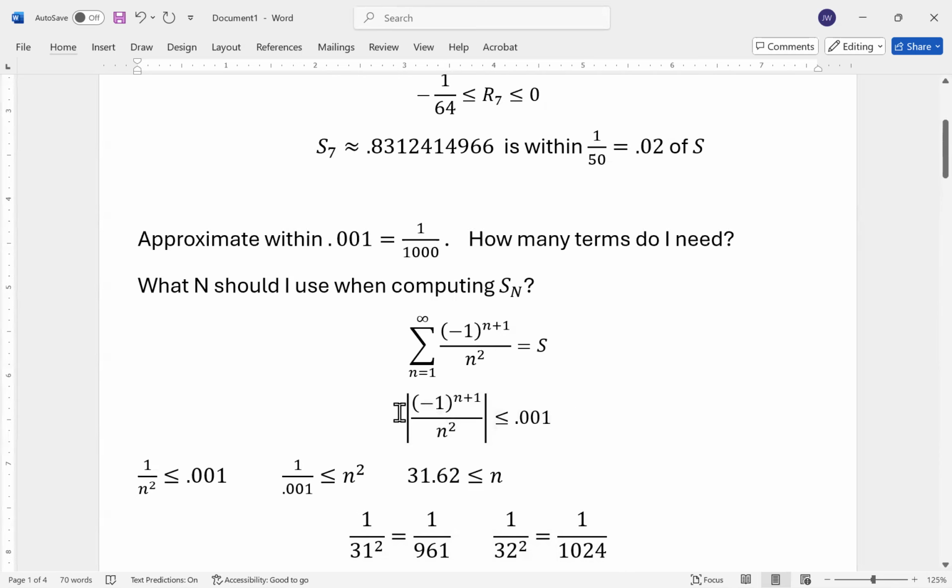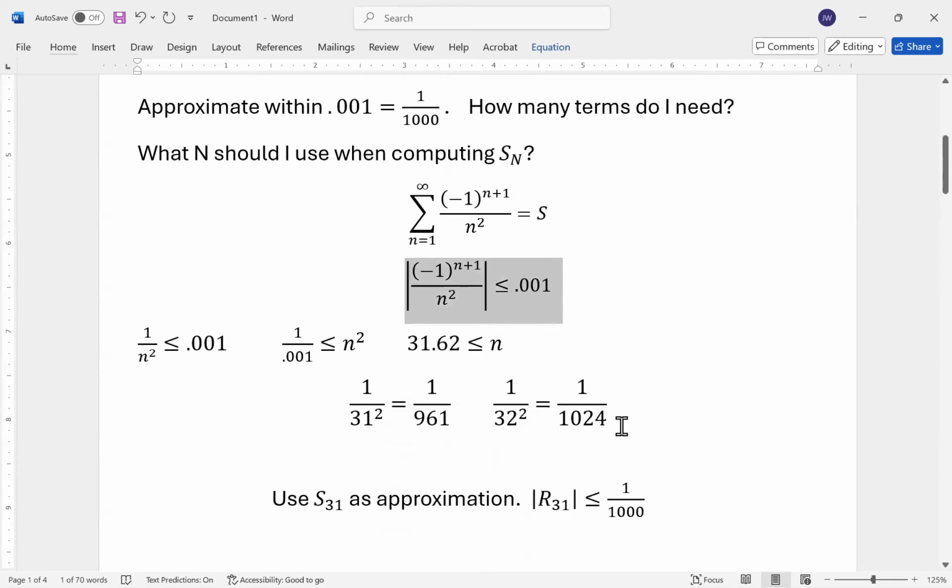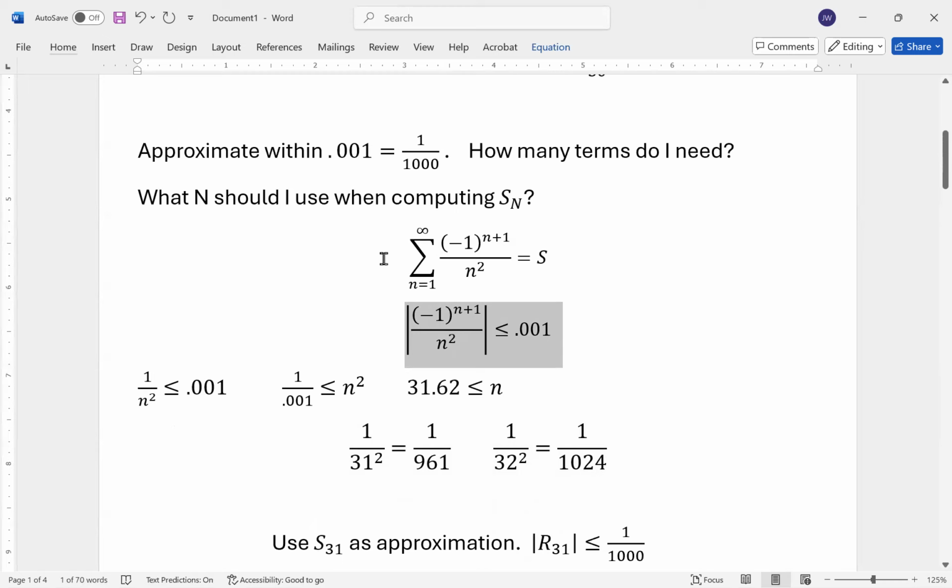So this is all we need to do in order to figure out how many terms to use. Now, obviously, I wouldn't do this by hand, summing up the first 31 terms. That would take a really long time. But for a computer, it's pretty quick to add up 31 terms. It's pretty easy to do that. And we can get a good approximation for this sum after adding up just 31 of those terms.